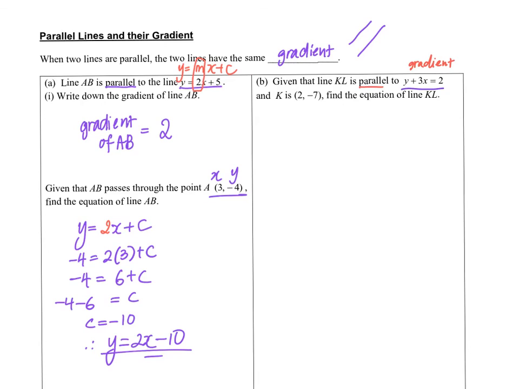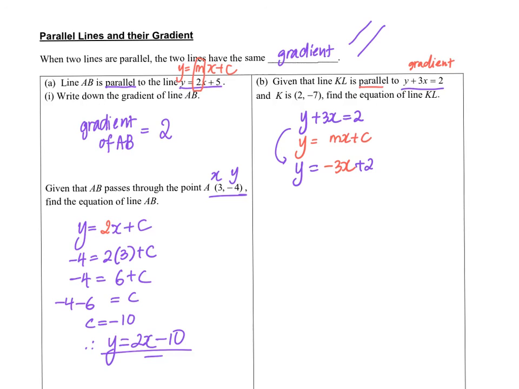How do I find the gradient? Now this equation here, y plus 3x equals 2. Is it of the form y equals mx plus c? Not yet, right? So let's rearrange this and make it y equals negative 3x plus 2.